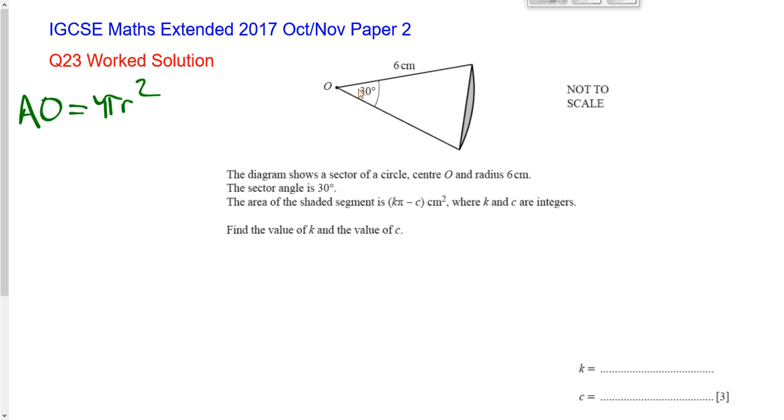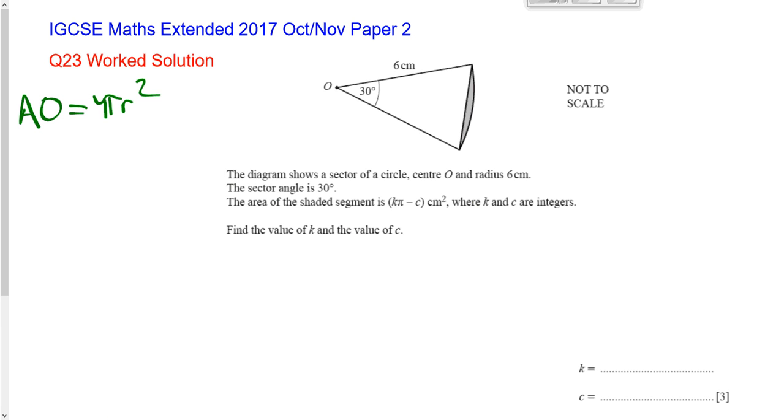In fact, it tells me that I've got 30 degrees, and I know that a whole circle is 360 degrees. So I've got 30 over 360 of a circle.